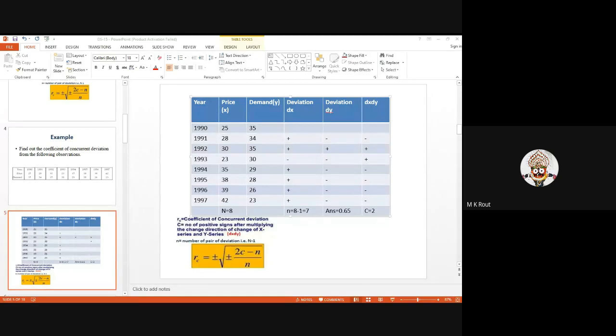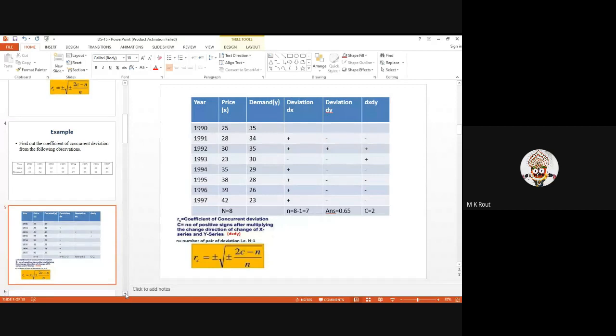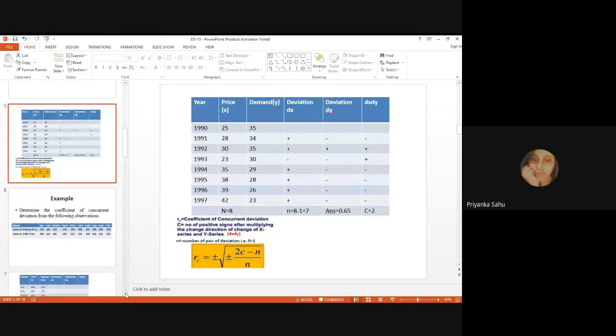Good. Let's check others. Yes, Priyanka Sahu has finished. What is your answer? Sir, 0.65. Okay. Sambit Pradhan, what is your answer? 0.65, sir. Okay. So shall I move to the next slide? Yes, sir.